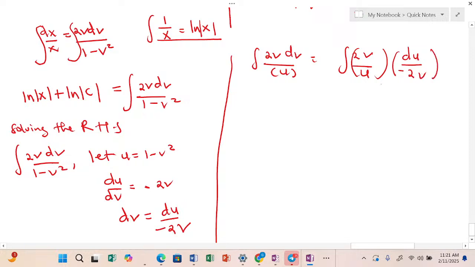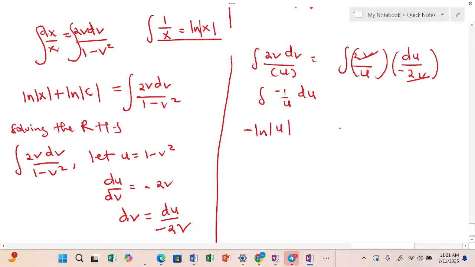This one cancels that, and we get the integral of negative 1 over u du. So when we get this, we get negative ln u. So this becomes our final answer.